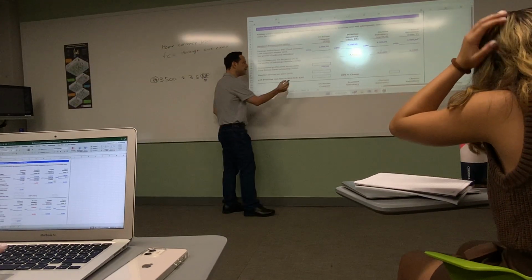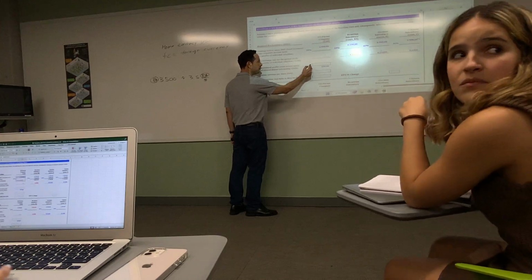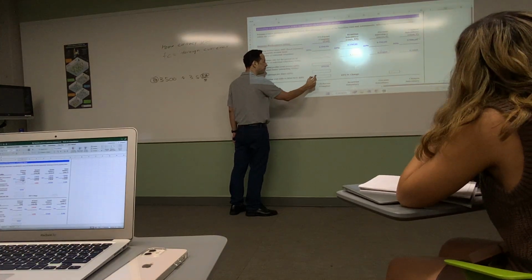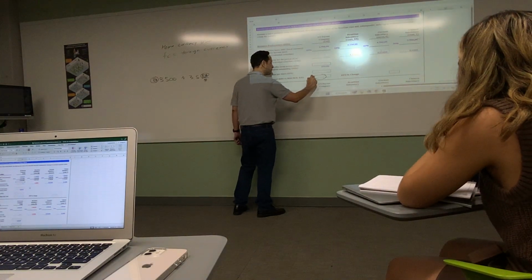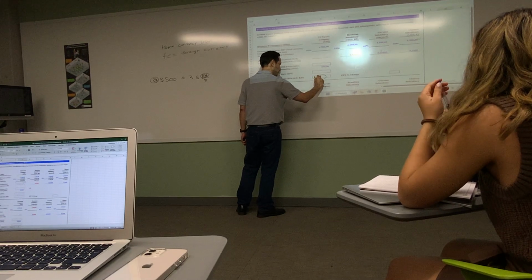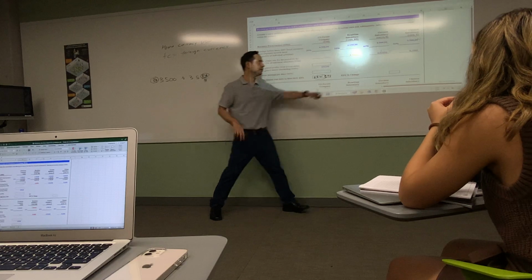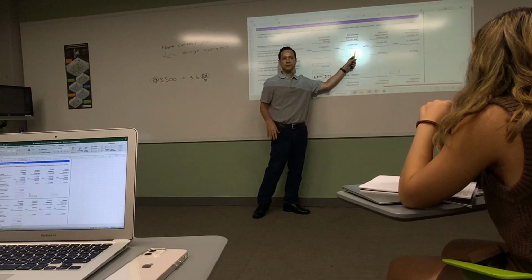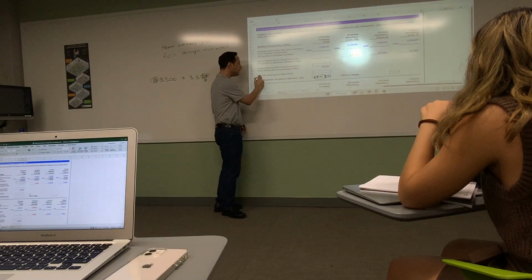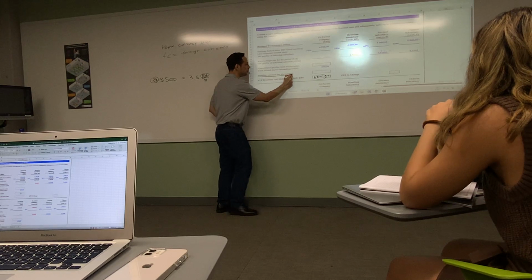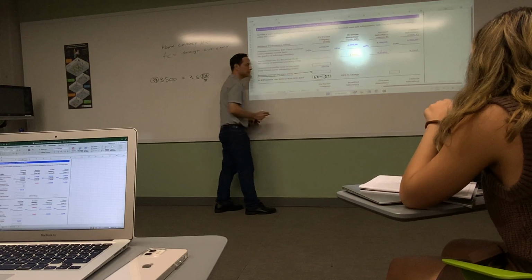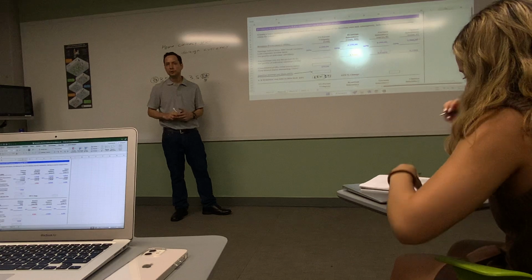So you do everything the same, and you write here the new earnings per share. The only difference is this number is going to be different now. And here in the baseline earnings per share, what are you going to write? What would be the baseline earnings per share?